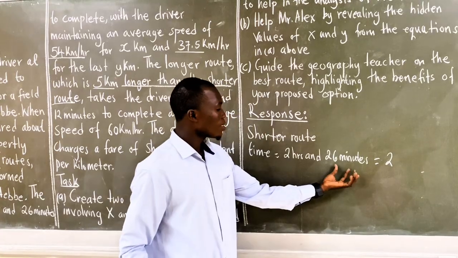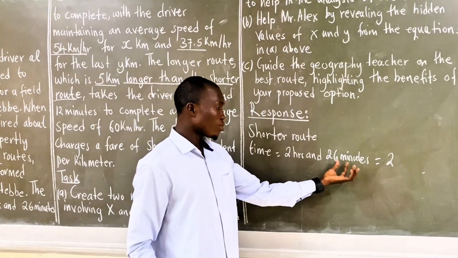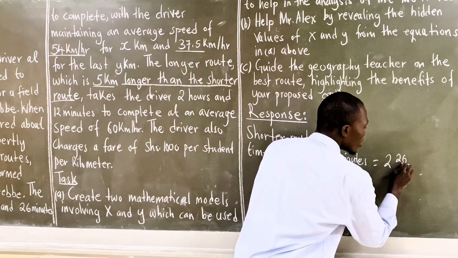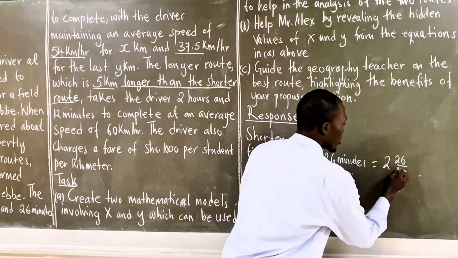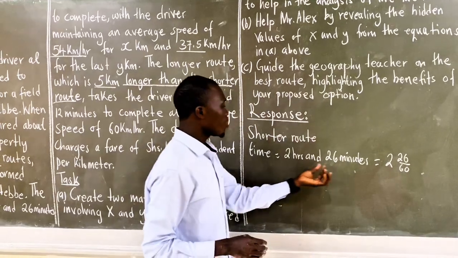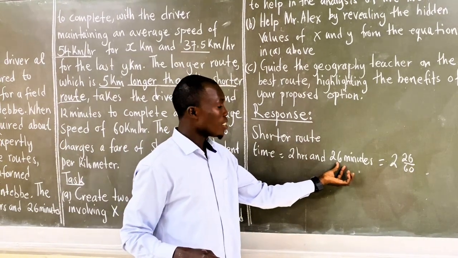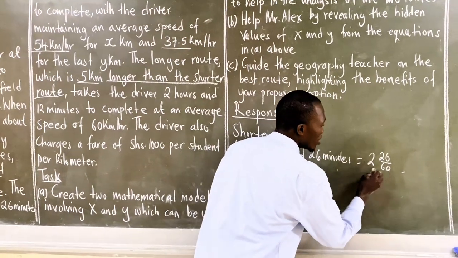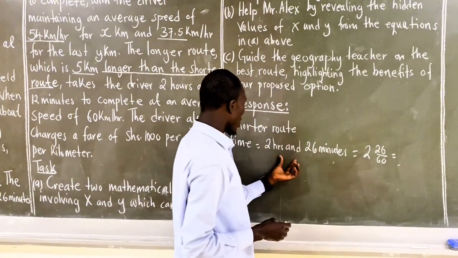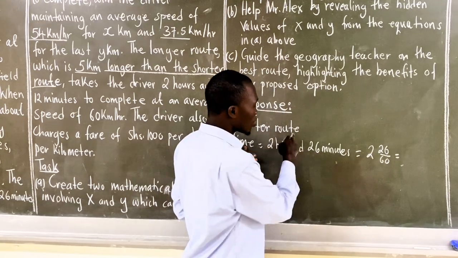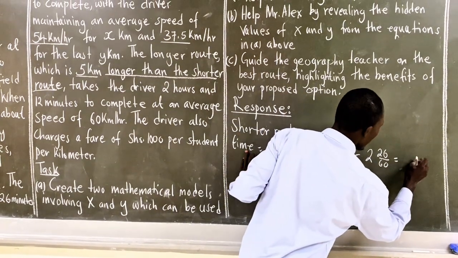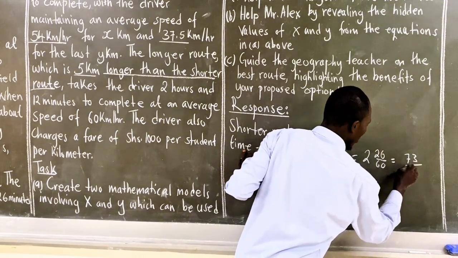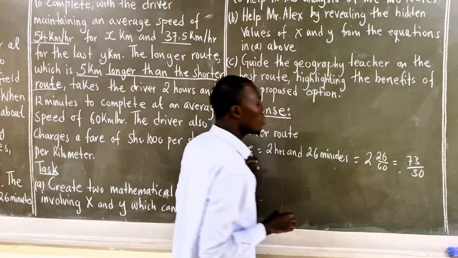If we convert these 26 minutes to hours, it will become 26 over 60. We divide the minutes by 60 to change them to hours. So this will leave us with the total time for the shorter route to be 73 over 30 if you work it out.